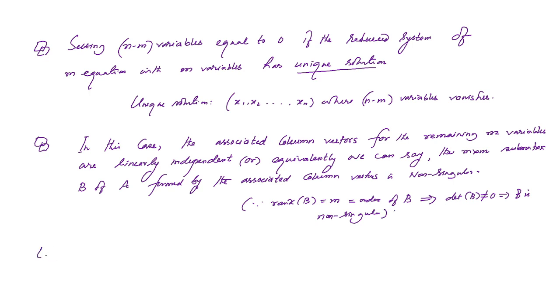Now these m variables which are not bound to 0 are called the basic variables. Because n minus m variables vanish, the remaining m variables which are not bound to 0 are called basic variables.